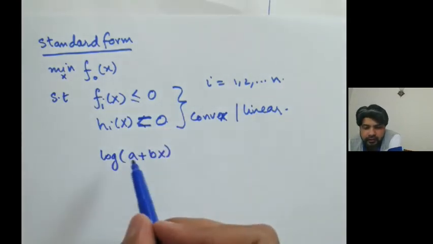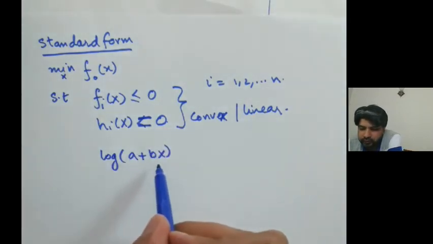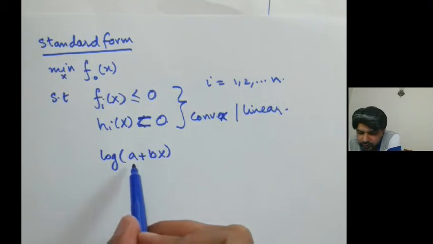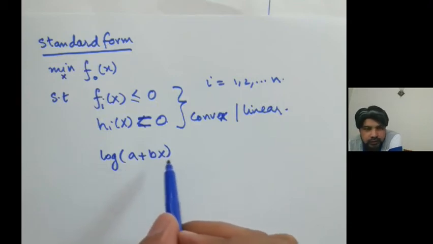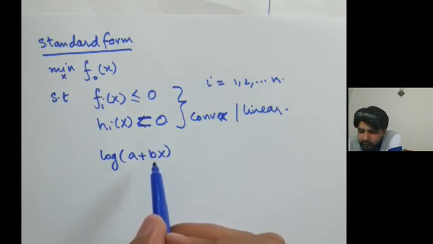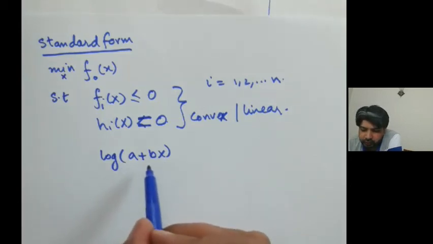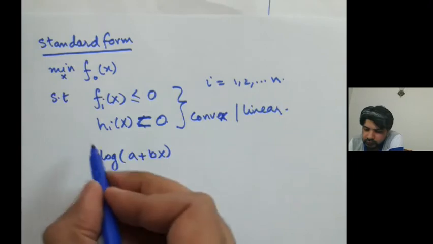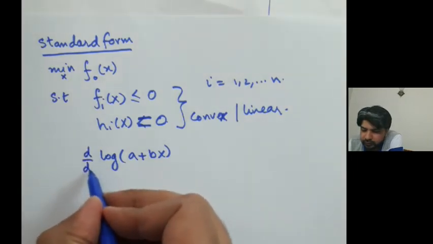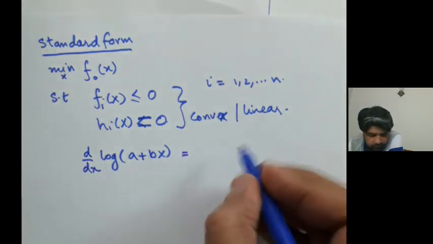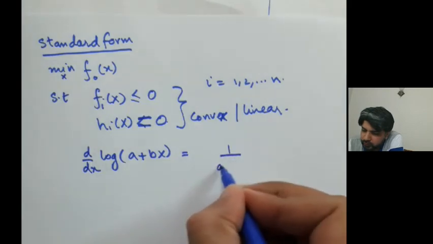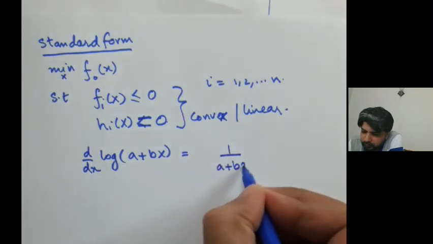Remember, log takes positive values of the argument. Thus, a plus bx in total must be a positive quantity for all values of x. So if this is your log function, you would take the derivative with respect to x, so that would be equal to 1 over a plus bx, for example.